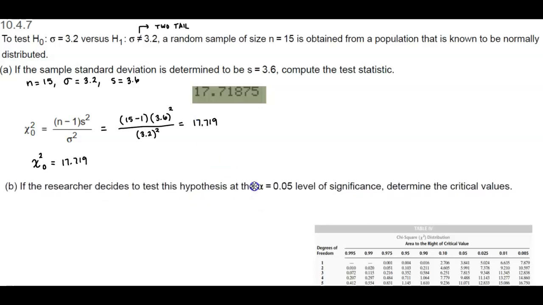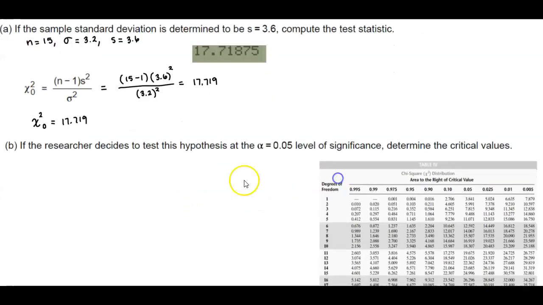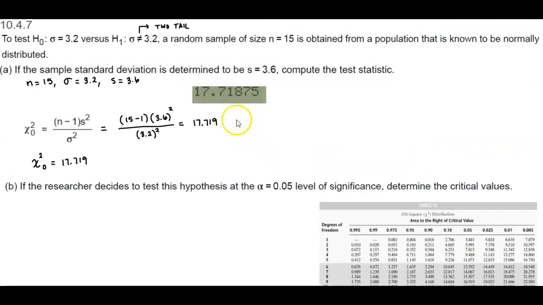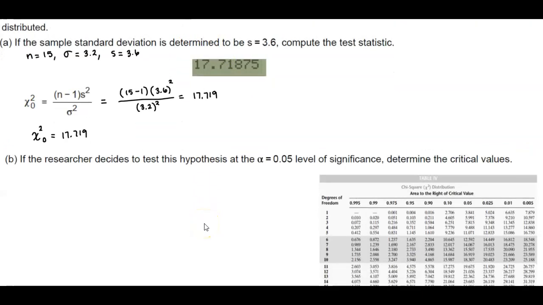Okay, so now that we know the test statistic, in part B, it says that the researcher decides to test this hypothesis at the alpha equals 0.05 level of significance, determine the critical values. But the reason why there's critical values, we're going to have 2 of them since we know that it's a two-tailed. Okay, so the first thing we need to determine is the degrees of freedom. We know the degrees of freedom is taking a sample size and subtracting 1.